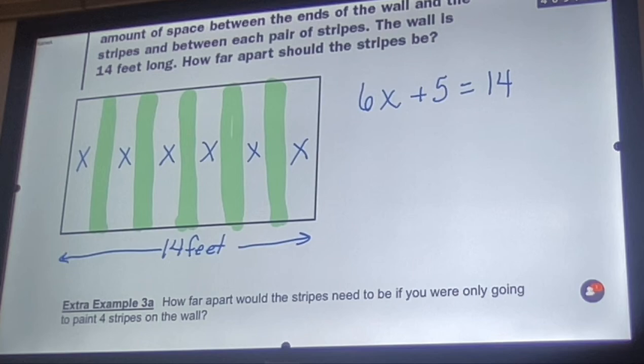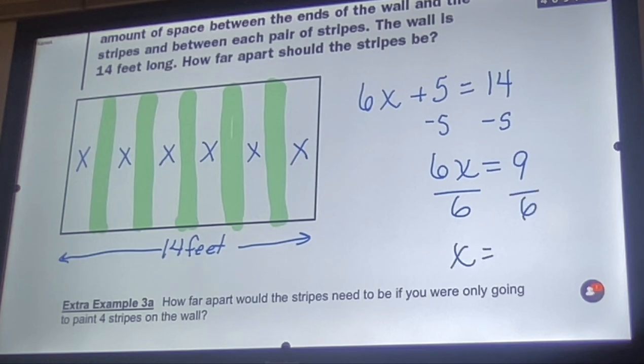And then, Reese, to solve for X, you would? What is 14 minus 5? Yeah, and then what would you do? And because this is an actual word problem, Reese, what do you get as a decimal when you divide there? 1.5.